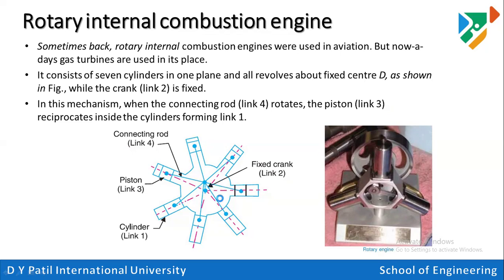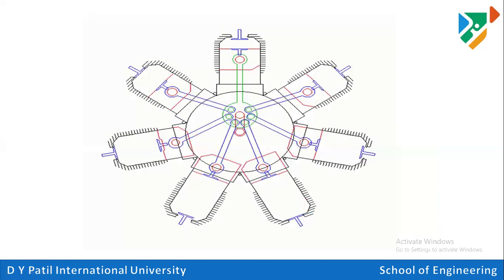Either 6 or 7 can be used. Now a single crank is used to operate that system. Now some cylinders may move in forward direction, some cylinders may move in outward direction, and depending upon the movement of those cylinders, we can operate that particular engine. Okay, we can generate the power, we can generate the torque, and we can run that system with the help of this arrangement. Okay, so this is the arrangement of that rotor engine.